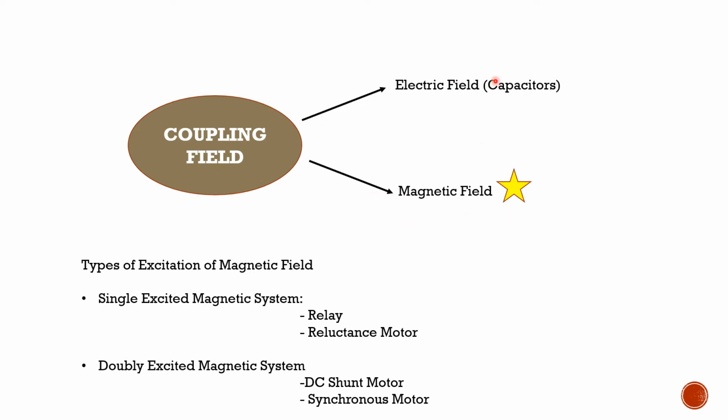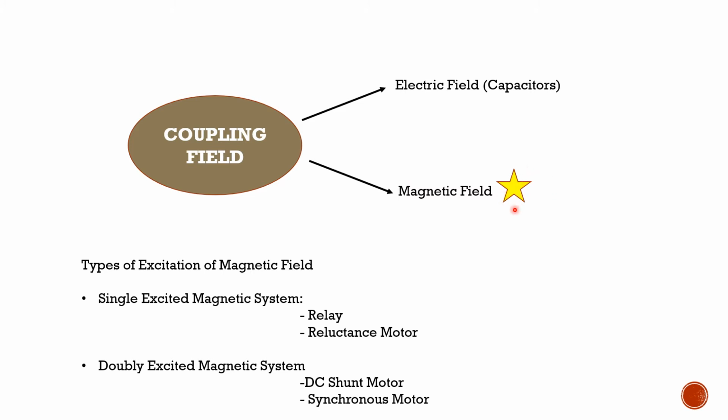The difference is that an electric field stores less energy than a magnetic field. That's why we have to use a magnetic field in order to convert electrical energy into mechanical energy, or vice versa.